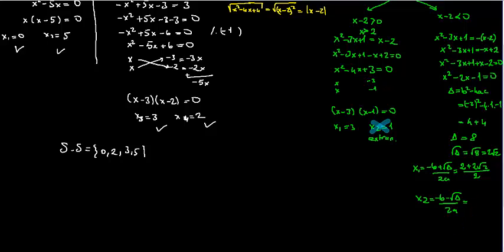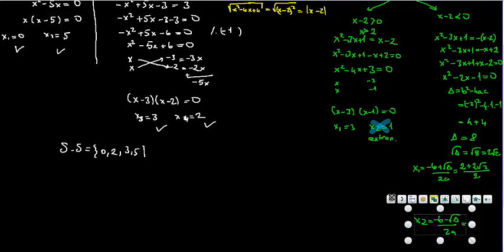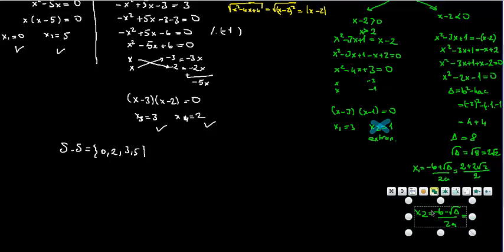I need to simplify to see what the values are, whether they are greater than 2 or not. So the first one is 2 times (1 plus root 2) all over 2, then this 2 and this 2 simplify, and it is equal to 1 plus root 2.